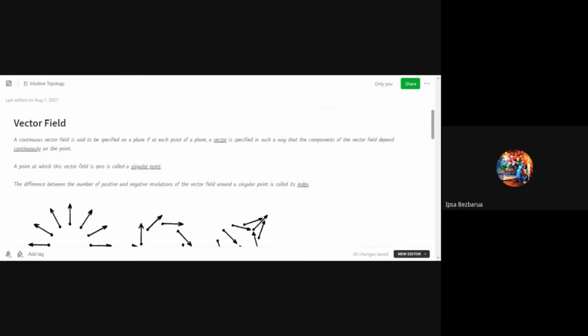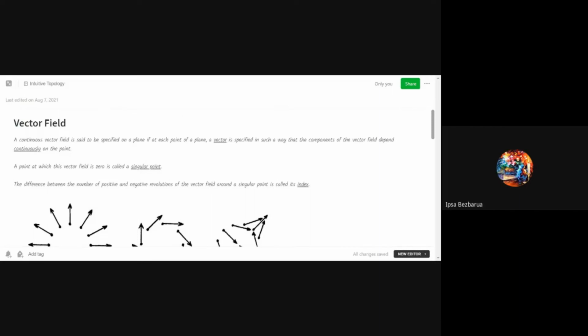So a continuous vector field is said to be specified on a plane if at each point of the plane, a vector can be specified in a way that the components of the vector field depend continuously on the point. So you have a plane, and at each point of the plane, you want to specify a vector, and the components of the vector field are continuous functions of the point.